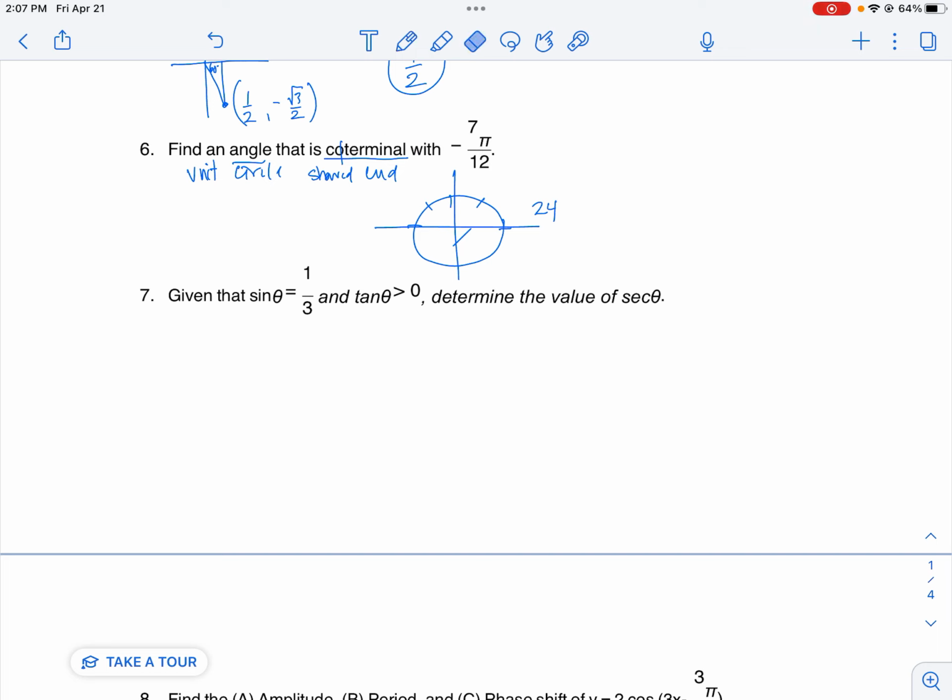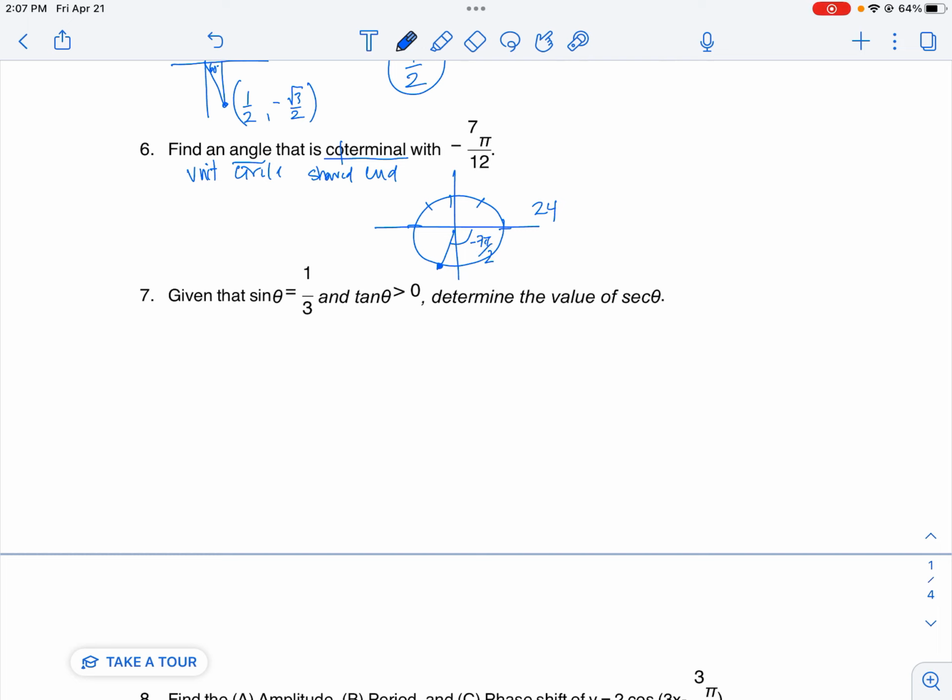Oops. What I'm looking for here is, because if I'm dividing pi over 12 into 12 sections, then the whole thing would be 24. So I'm going -7 rotations. That's right about here. And what I'm thinking about is -7 pi over 12.